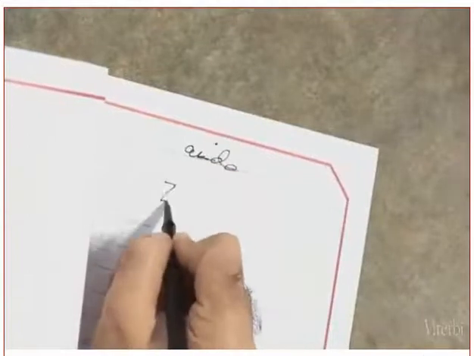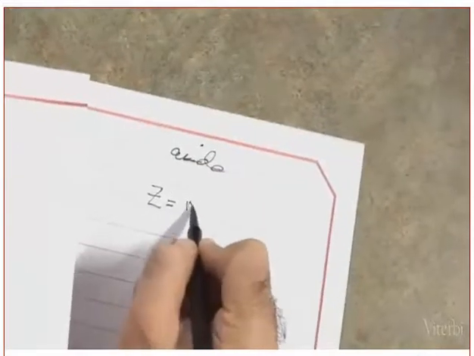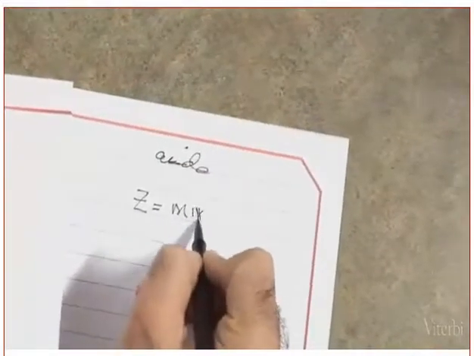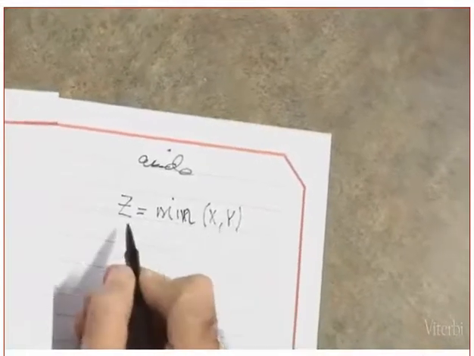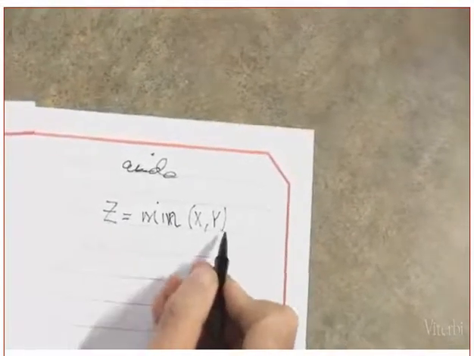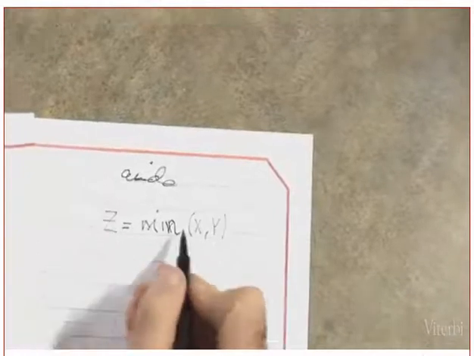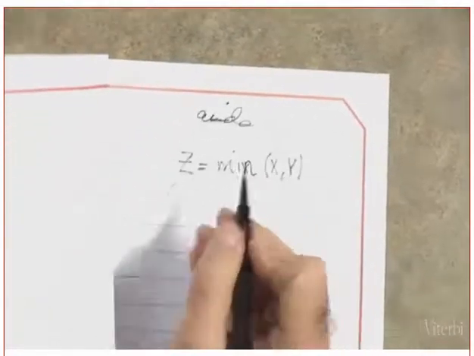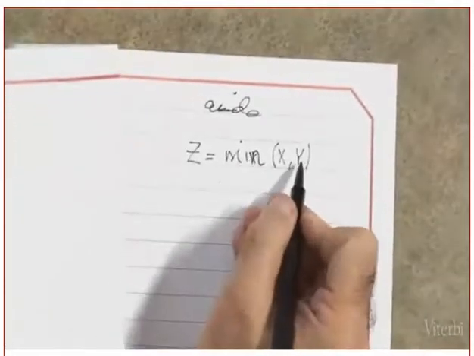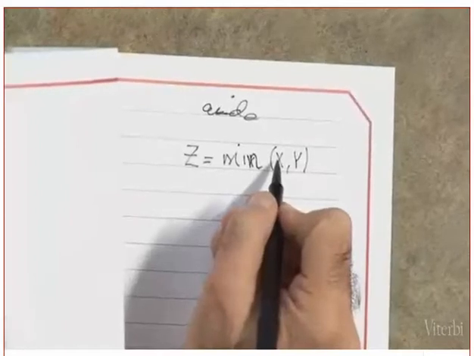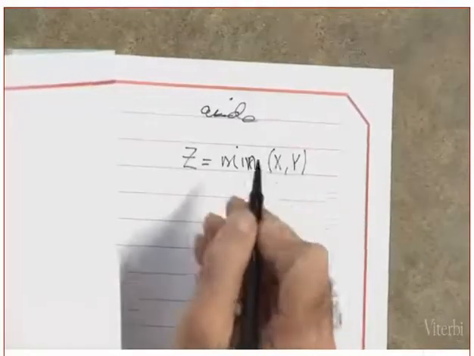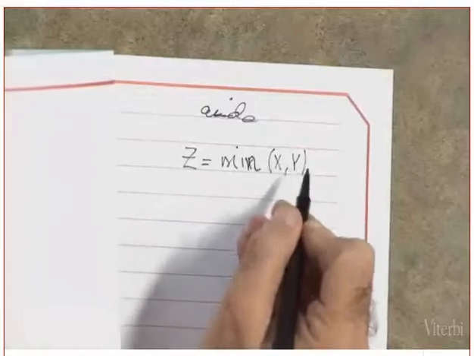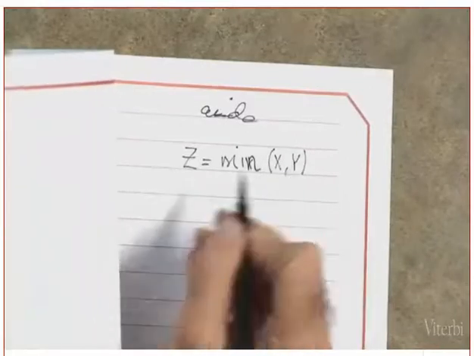Let's assume I tell you Z is the minimum of X and Y. This is a random variable, which is a function of two other random variables. If X is exponential and Y is exponential, and they are independent, what will Z be?